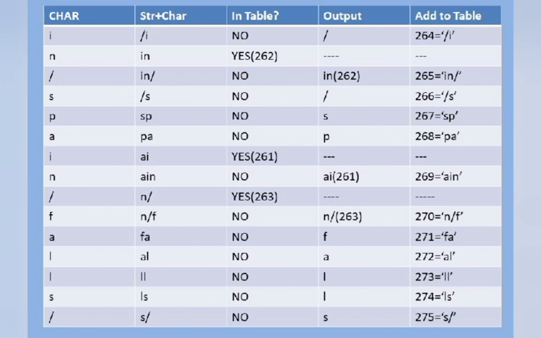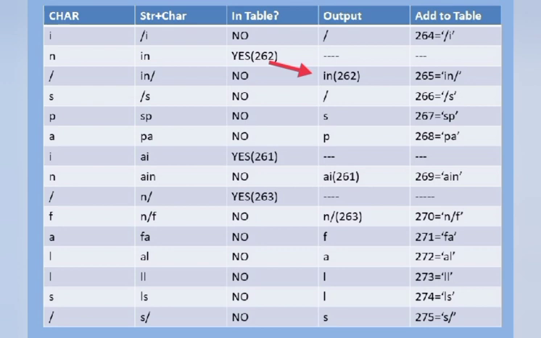This time the answer is no. In slash does not exist in the table. In that case, we will output the previous yes value, which is 262. And in slash will be added at position 265.